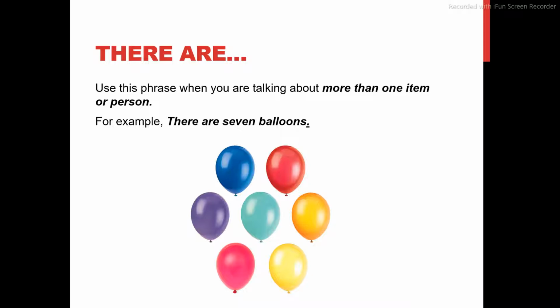For example, there are 7 balloons. So, how many balloons are there? There are 7 balloons. So we use the phrase there are when we're speaking about more than one item or person.